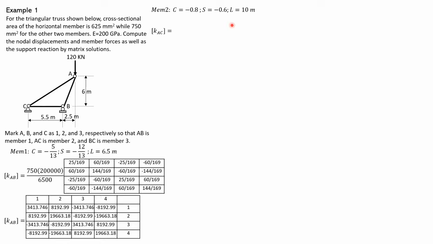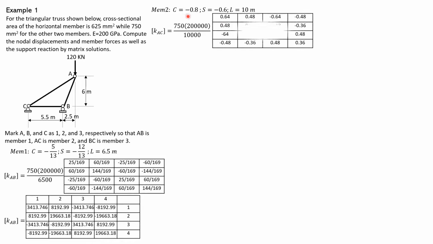Then its stiffness: area 750, modulus of elasticity 200,000, length 10,000 mm, times the quantity C square, which is the square of cosine, 0.64. The product of negative 0.8 and negative 0.6 is 0.48. They're negatives here. Then we copy CS here, 0.48.